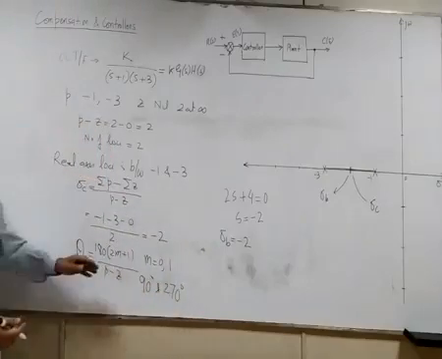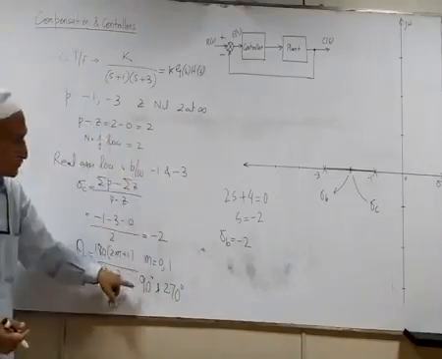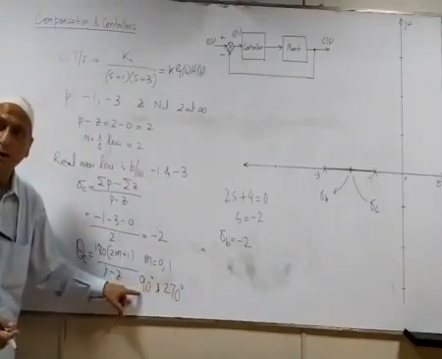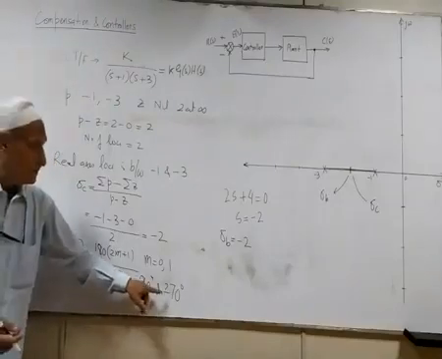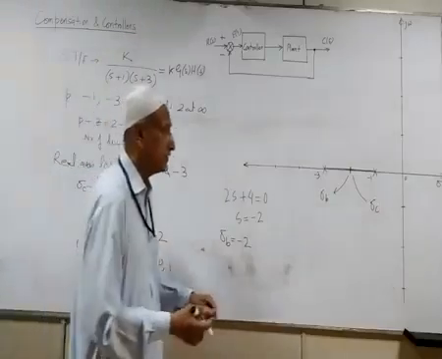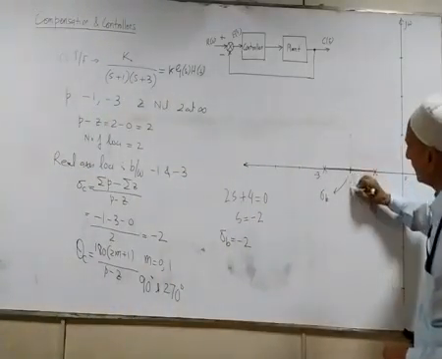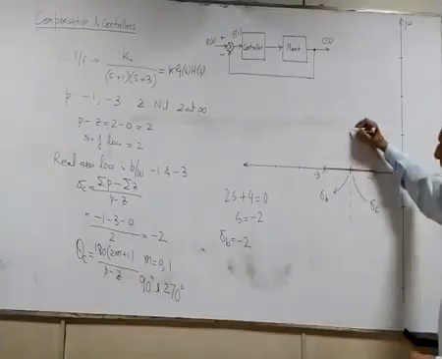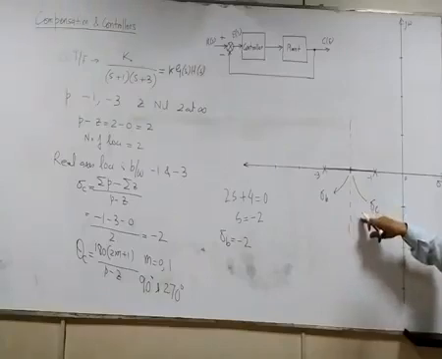No more angles, because p minus z is equal to 2. These asymptotes, one at 90 degrees and the other at 270 degrees or minus 90 degrees, should be drawn at the center of asymptotes.